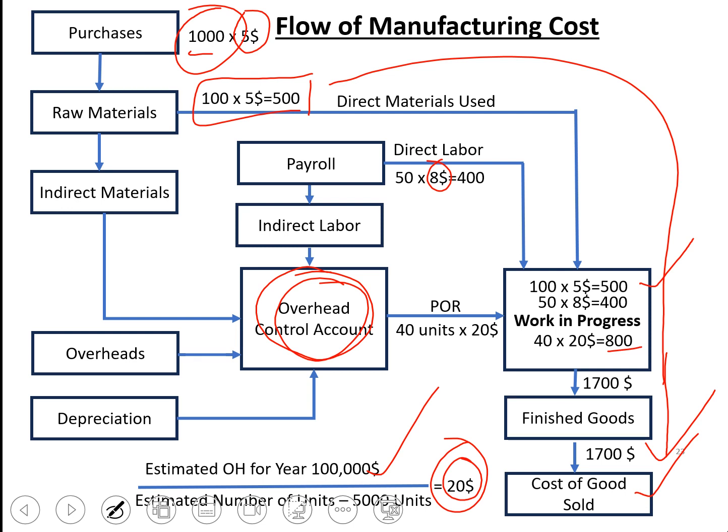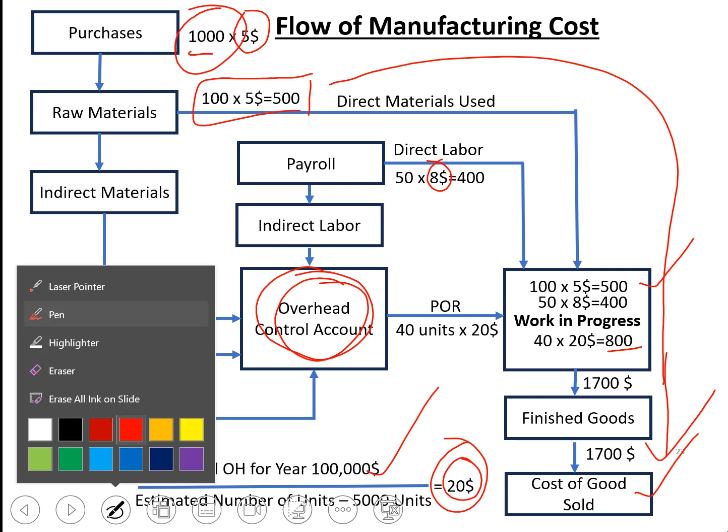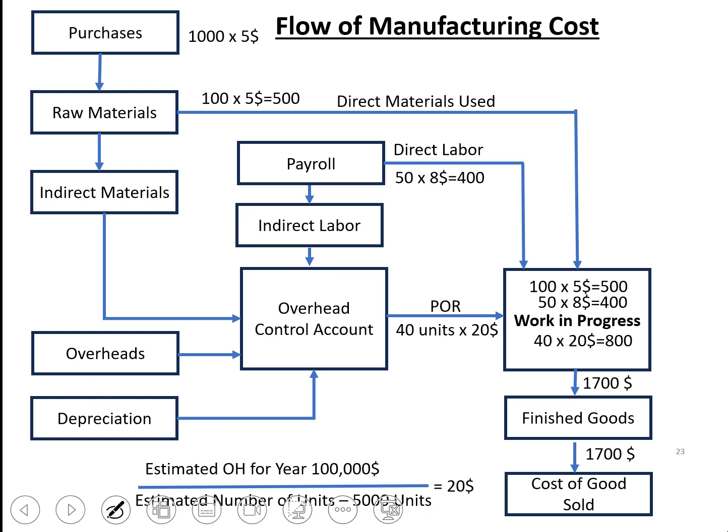All this cost we have added to inventory, and inventory is shown in the balance sheet, and when it is sold, only at that time will it go to your income statement in the form of cost of goods sold. So this is the cost flow actually happening in a manufacturing company.